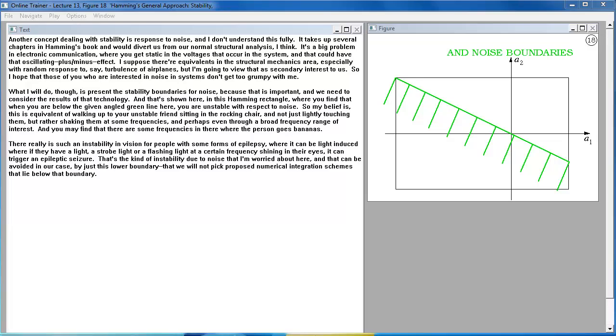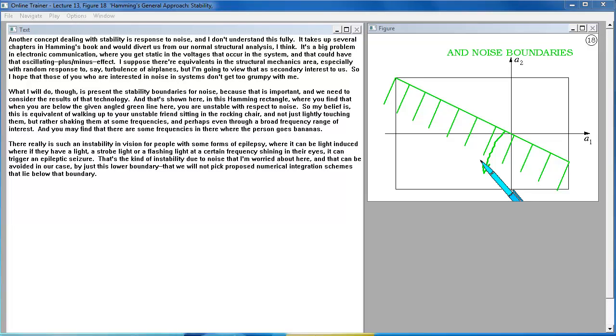What I will do, though, is present the stability boundaries for noise, because that is important, and we need to consider the results of that technology. And that's shown here in this Hamming rectangle, where you find that when you are below the given angled green line here, you are unstable with respect to noise.